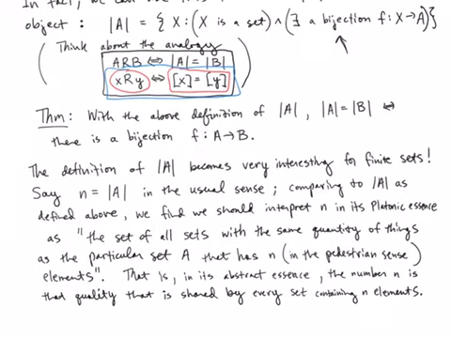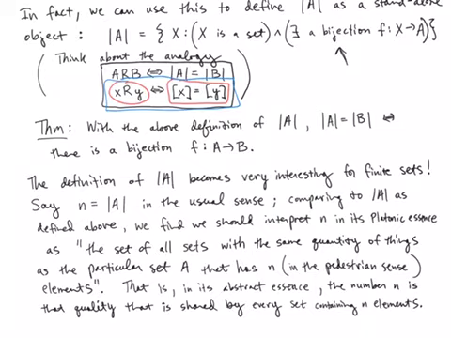Now I want to point out that the definition given here for the cardinality of a set becomes very interesting even for finite sets, because it gives us a new way to think about natural counting numbers. So say, for example, that in the usual sense, the cardinality of a finite set A is equal to n.